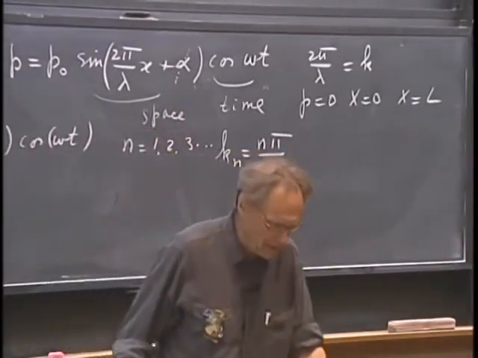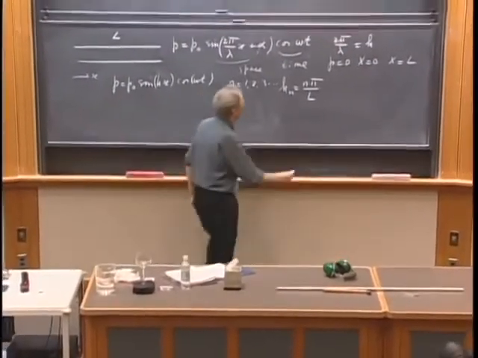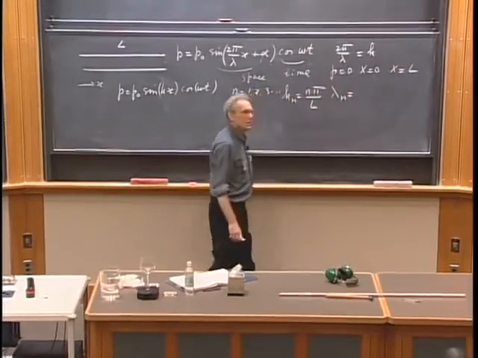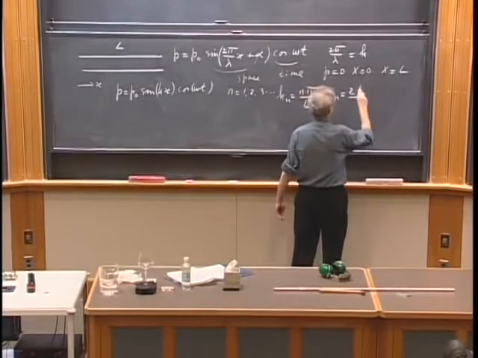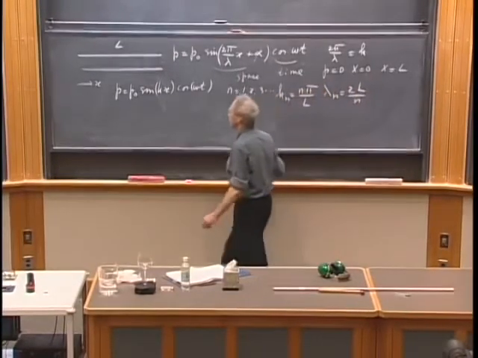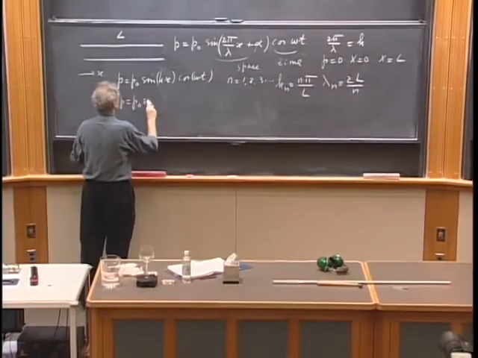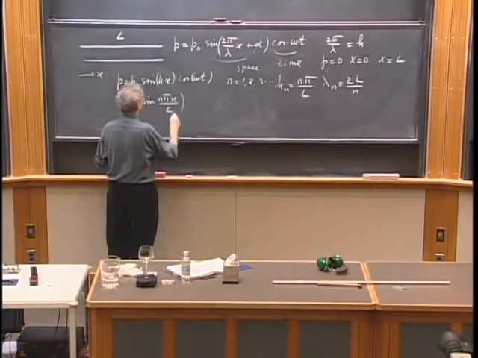No matter what n is, I always get 0. And so my lambda of n, which is 2 pi divided by k, is then 2L divided by n.